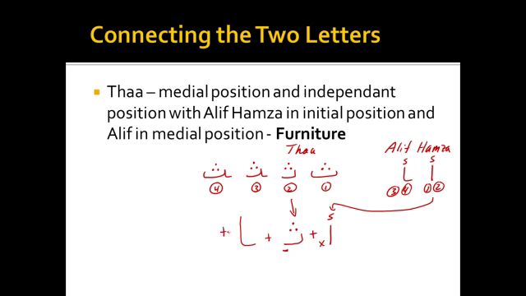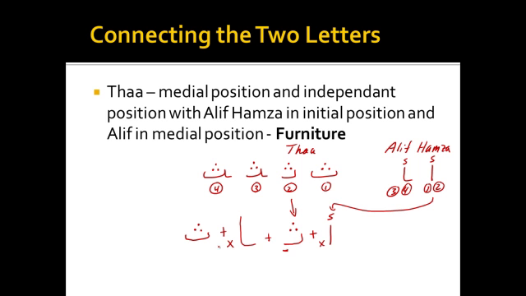And finally, we have the Tha, because the last letter in this word is Athāth. You hear the Tha at the end, the last letter. So that is going to be an independent Tha. Why won't it connect here? Because this alif here, remember, doesn't connect to what comes after it.